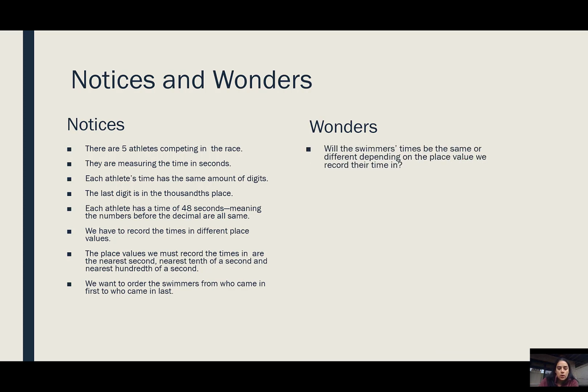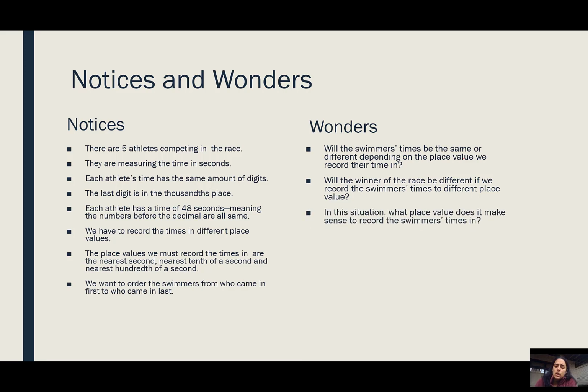Here are some wonders. Will the swimmers' times be the same or different depending on the place value we record their time in? Will the winner of the race be different if we record the swimmers' times to different place values?